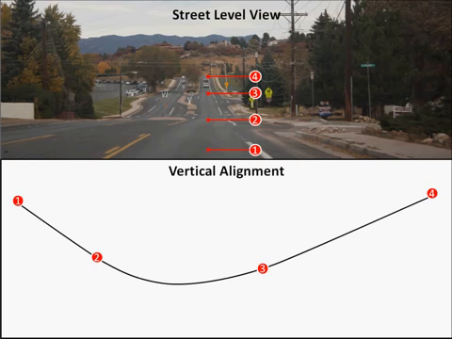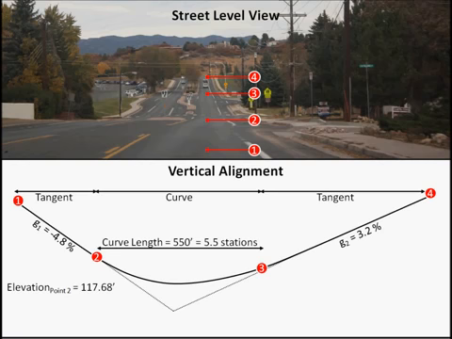This example shows two perspectives, a street level view in the top portion of the screen and the vertical alignment on the bottom of the screen, which takes a profile perspective. With just a few pieces of information, we can develop a comprehensive understanding of this curve. This information includes the elevation of the PVC, shown as point 2 on the diagram, the entrance and exit grades, and the horizontal length of the curve.